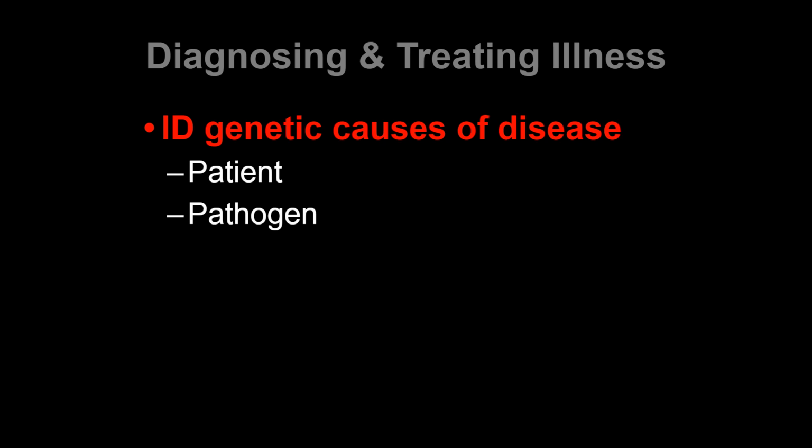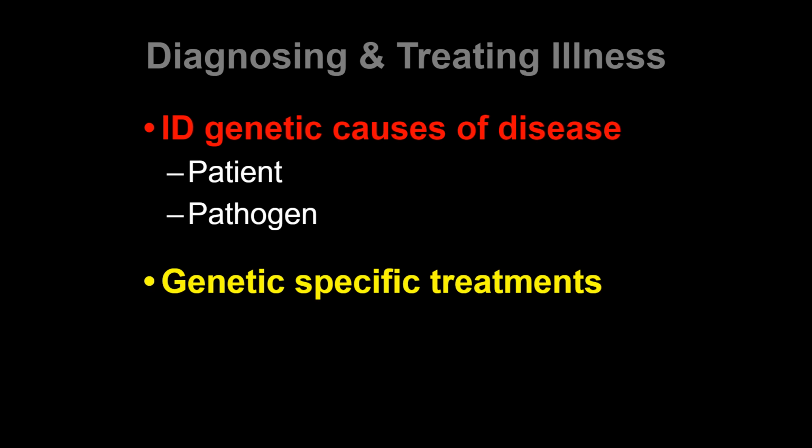So what is the genetics of the virus or the bacteria that is actually causing your disease? And with that information, we can potentially create treatments that are specific to those genetics. In other words, we can create medicines that are unique to each patient and potentially vaccines that are unique to each specific pathogen.